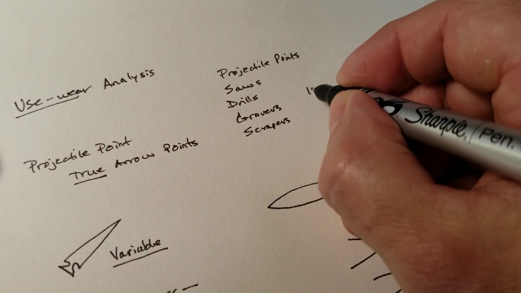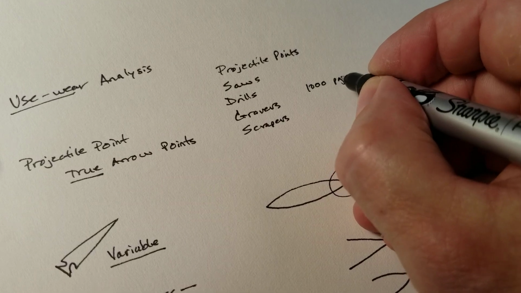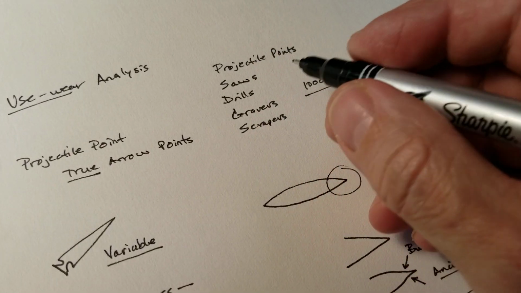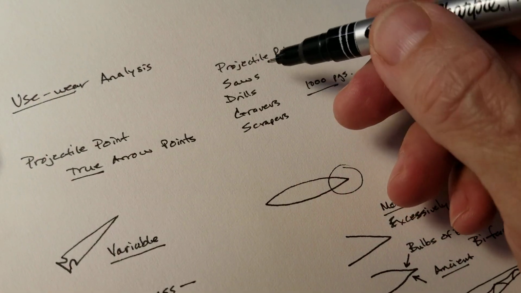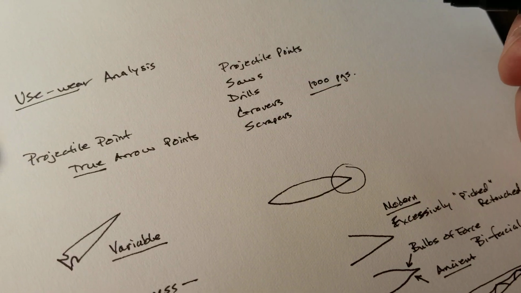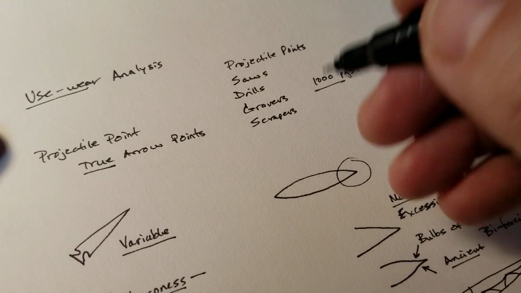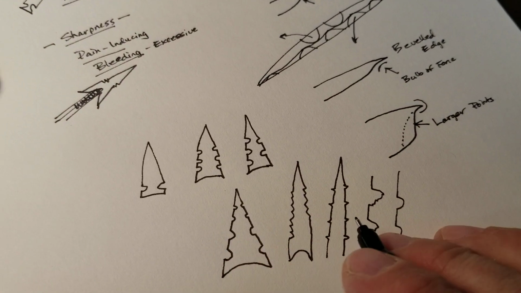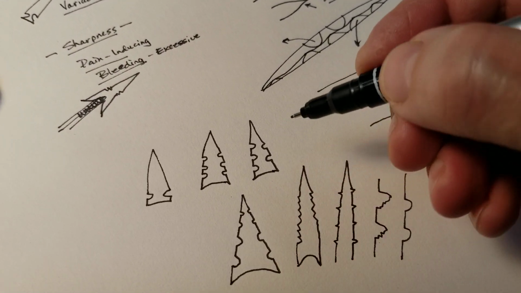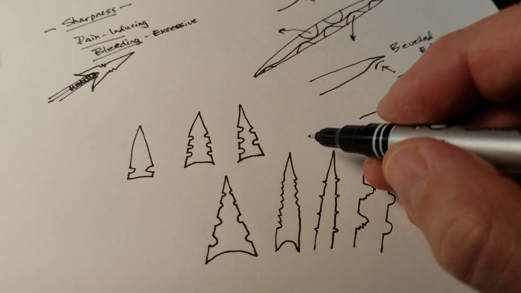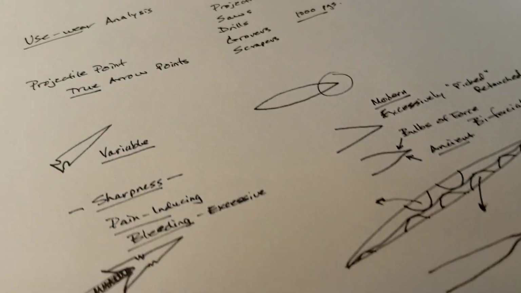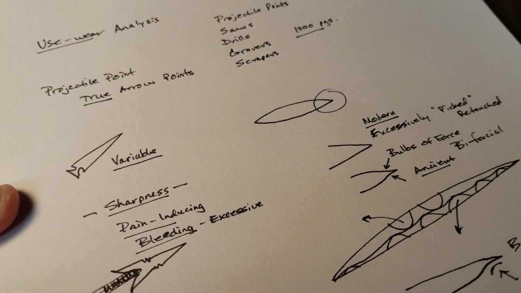This could be 1,000 pages easy. Just on this. Just on the different edges for these different things. Because you would have to explain every variation. And within every variation, what is the side profile of every variation? Because it does vary.